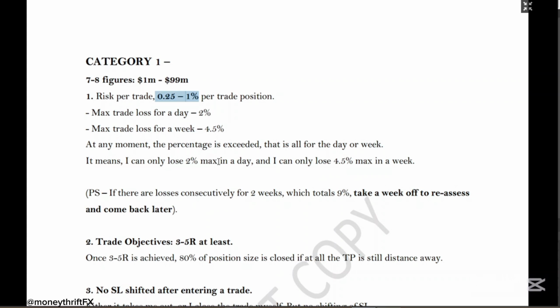So if we have 2 weeks that we lost this 4.5% consecutively, which is 9% in total, we'll take a week off to reassess the market and come back later. So just take a week off, cool off.